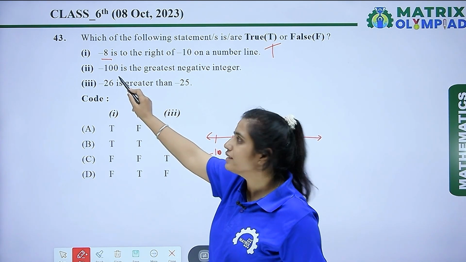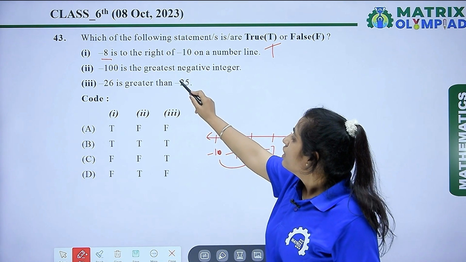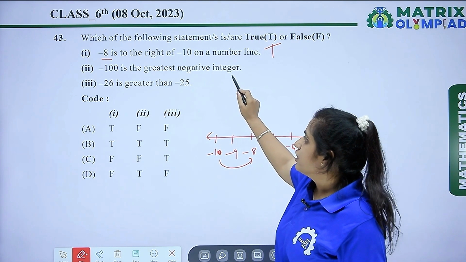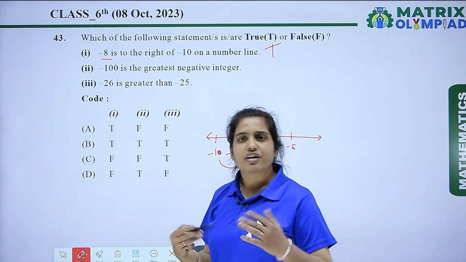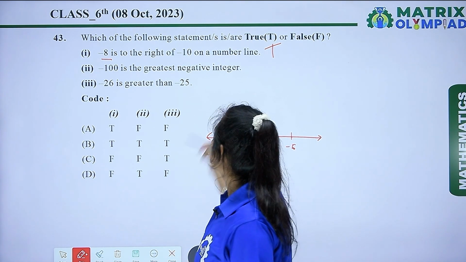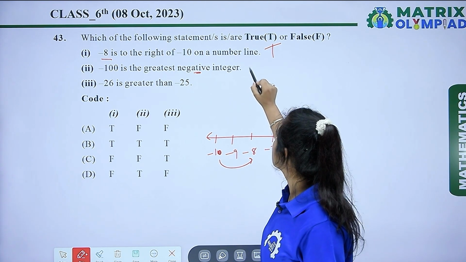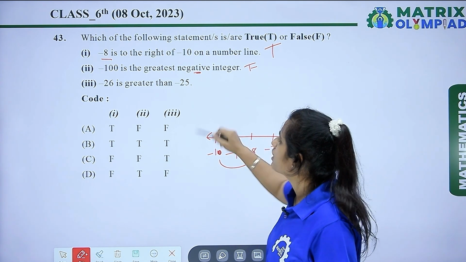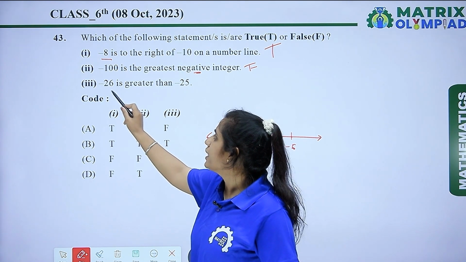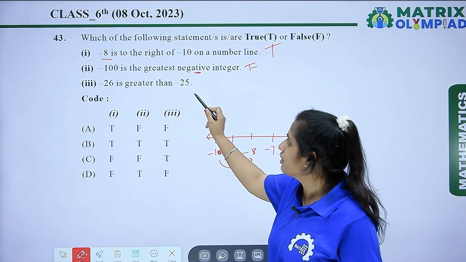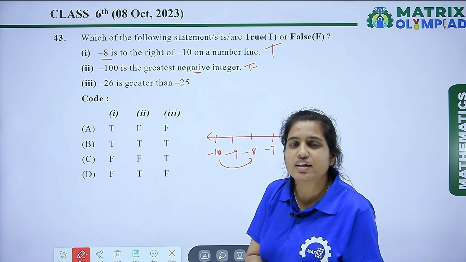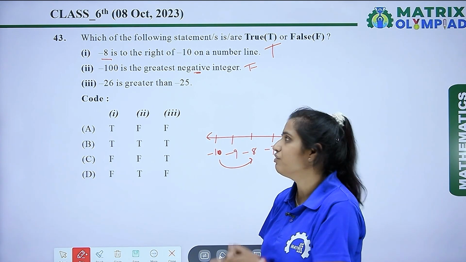Next is -100 is greatest negative integer. तो क्या -100 greatest integer है नेगेटिव के अंदर? No, it is not true. So this is false. Next is -26 is greater than -25. क्या -26 greater है -25 से?